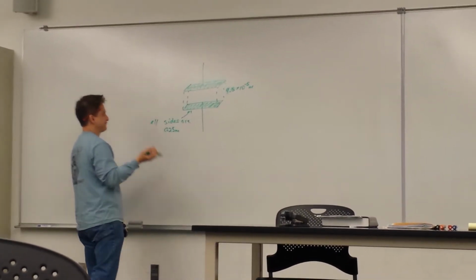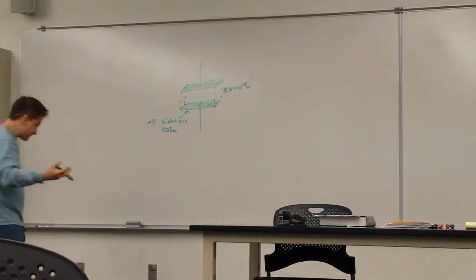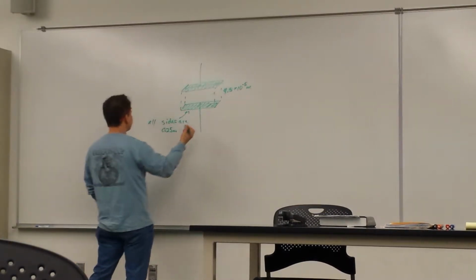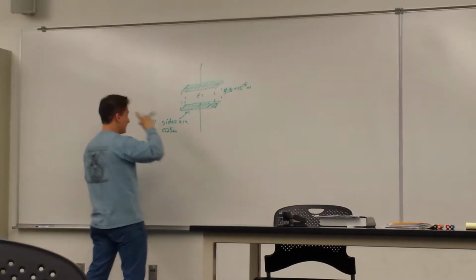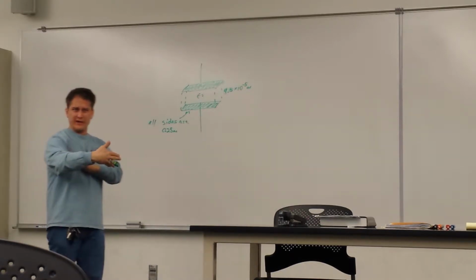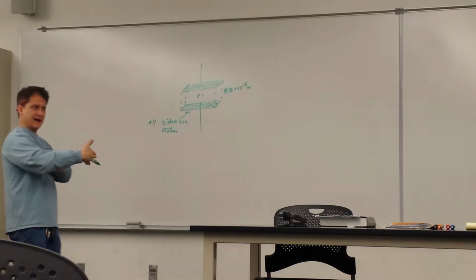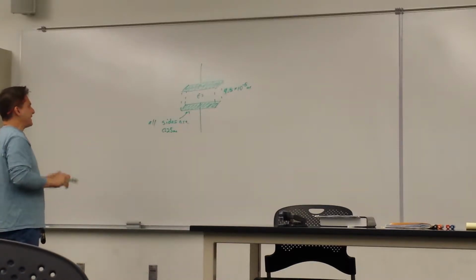Okay, so make it something like this. And let's put an epsilon. Yeah, 0.25 meters. So it's kind of similar to what we did in our second lab or third lab, but slightly different dimensions.